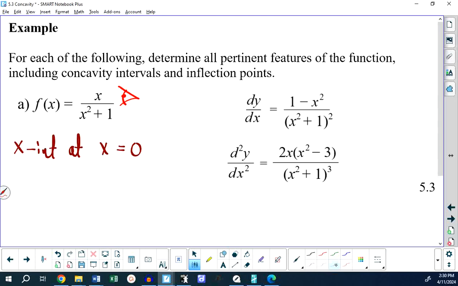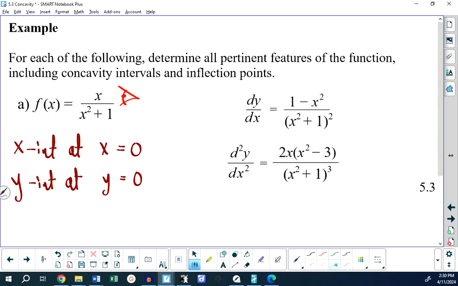We could, if we want, use a rule for the y-intercept by putting x equals 0 in. But we're back to that idea, and this happens quite frequently, that if you have an x-intercept of 0, you also must have a y-intercept of 0. So the fact of the matter is there is passage through the axes in only one place, and it's at the origin.